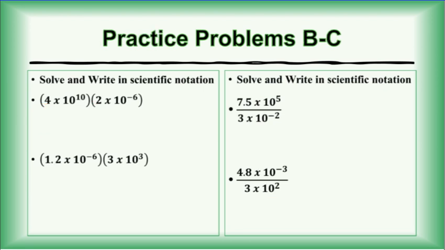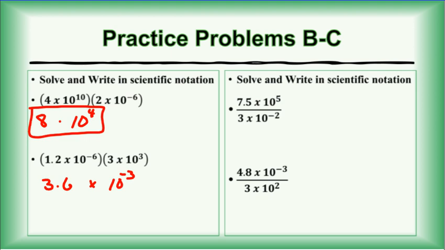And a few other ones. Here we got 4 times 2, which is 8 times 10. 10 plus negative 6 is 4. So 8 times 10 to the 4th power. Next one, 1.2 times 3, which is 3.6 times 10. Negative 6 plus 3 is a negative 3. So 3.6 times 10 to the negative 3rd.